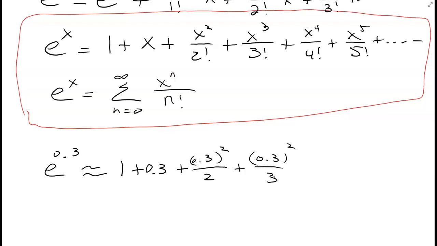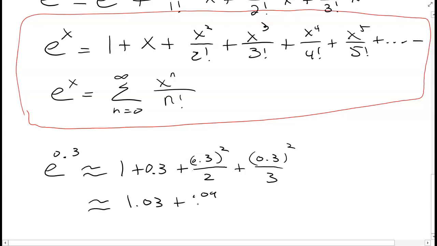We can't go on to infinity. So what does that give me? 1.3 plus 0.09 over 2 plus 0.027 over 6. I forgot my factorial, sorry about that. So that's actually 6.